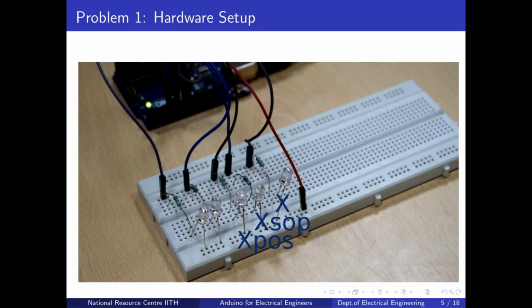But for us, now we require only 3 LEDs, 3 output pins. Those are sufficient for us. So, X, X_SOP, X_POS are related to the first 3 LEDs as shown in the image. We observe the output from these 3 LEDs only in our hardware setup.